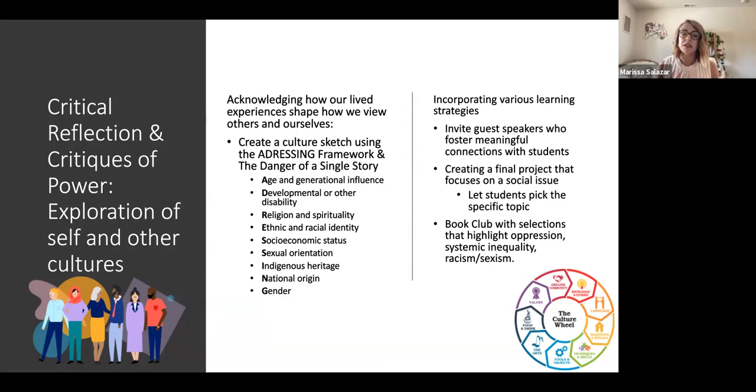But this can be done in other classes. So for example, I'll use math. We'd say that math is universal, right? But we know when we look at the literature that there are clear equity gaps in math, specifically by race, by gender, by socioeconomic status.